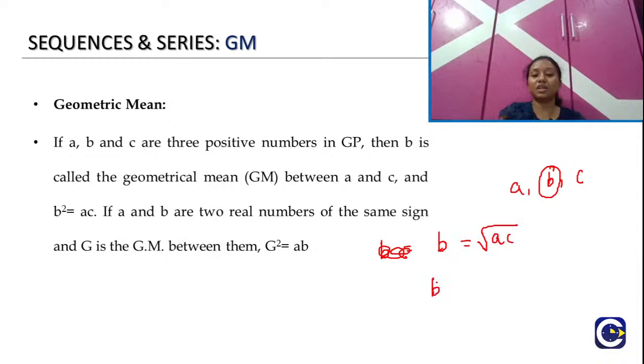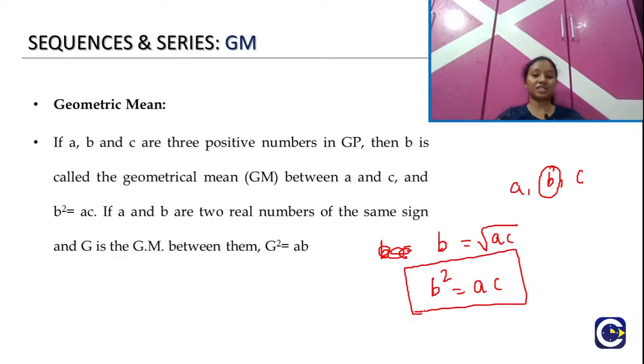That means B square will be equal to AC. So we can consider this as a condition where B square equals AC, or we can say in order to find the geometric mean we can use this, where geometric mean B will be equal to root over AC.